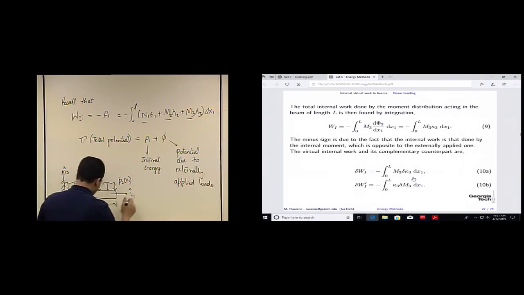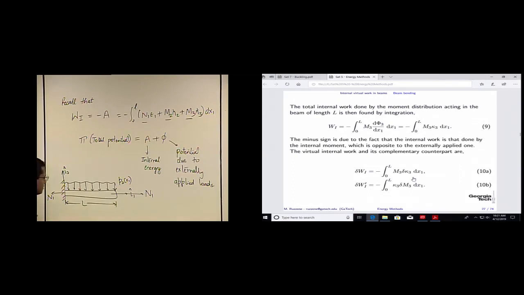subjected to axial loads N1. So there are both axial and transverse distributed loads in the beam. The beam is of length L, and now we will populate our expression for the total potential.